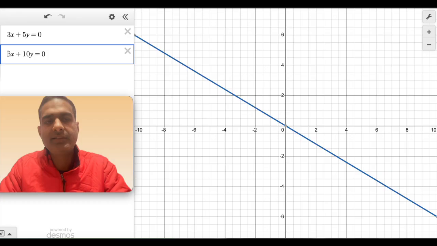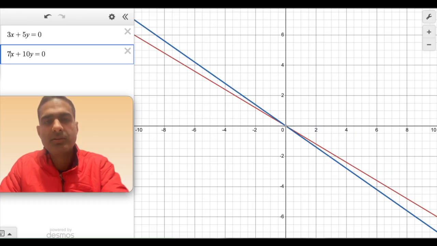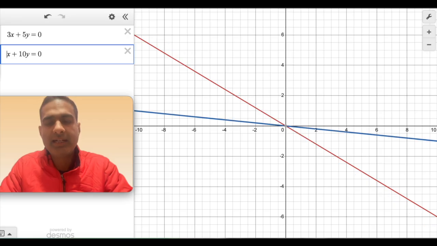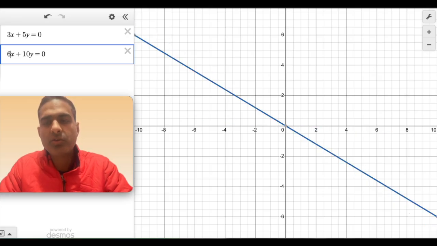Now if I change 6 to 7, then they will be separate. So as we can see, when k is 6, the lines are overlapping. It means all the points on these two lines are solutions of both of these equations. So there are infinitely many solutions, and one out of that is 0, 0.